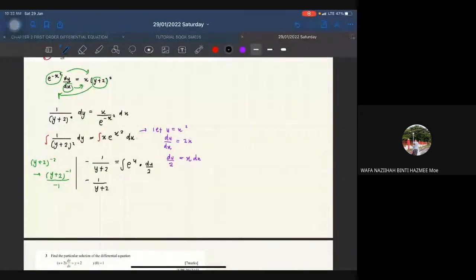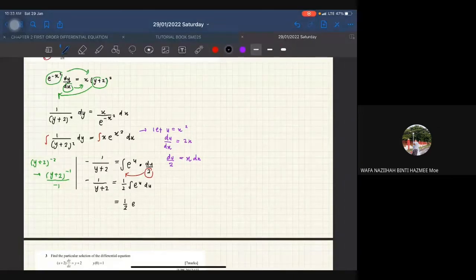So constant yang ini kita boleh bawa pergi luar. So awak akan dapat 1 over 2 integral e power u du. Okay, so now let's integrate. So you get 1 over 2 e to the power of u plus c. Don't forget to plus c.